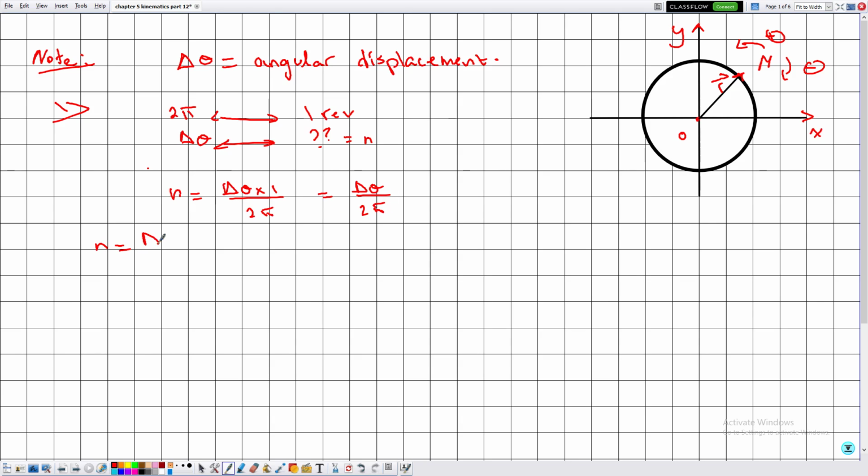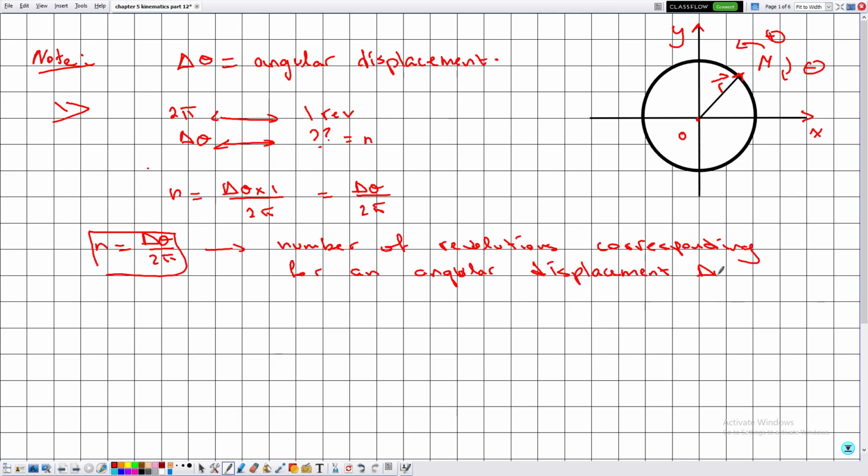So n, equal to delta theta divided by 2 pi, corresponds to the number of revolutions for an angular displacement delta theta.